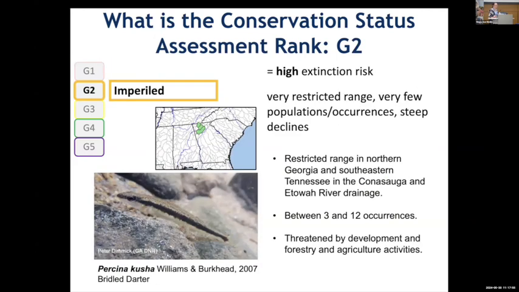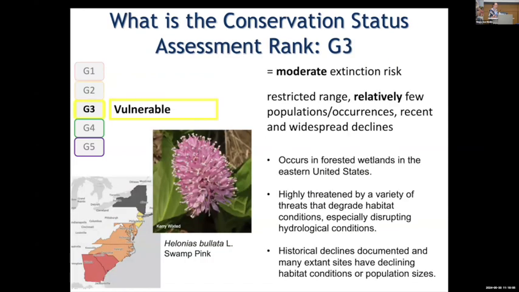G2 is imperiled, and this is a high extinction risk of a very restricted range, very few populations, or steep declines, or high levels of threats. And the last of our at-risk ranks would be vulnerable, G3, with a moderate extinction risk. And this can have a restricted range, relatively few populations, or recent and widespread declines.